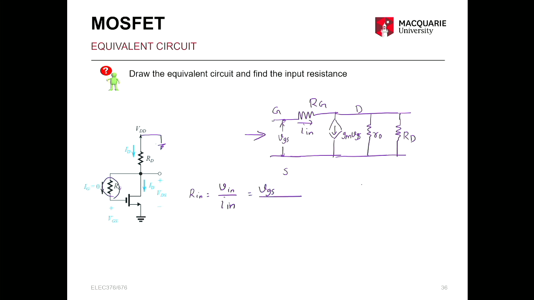And we need to find I in. It's more complicated than finding the VGS. So what is going through here? I in minus gm VGS. So I in comes in, gm VGS goes this way, and I in minus gm VGS goes in this way.